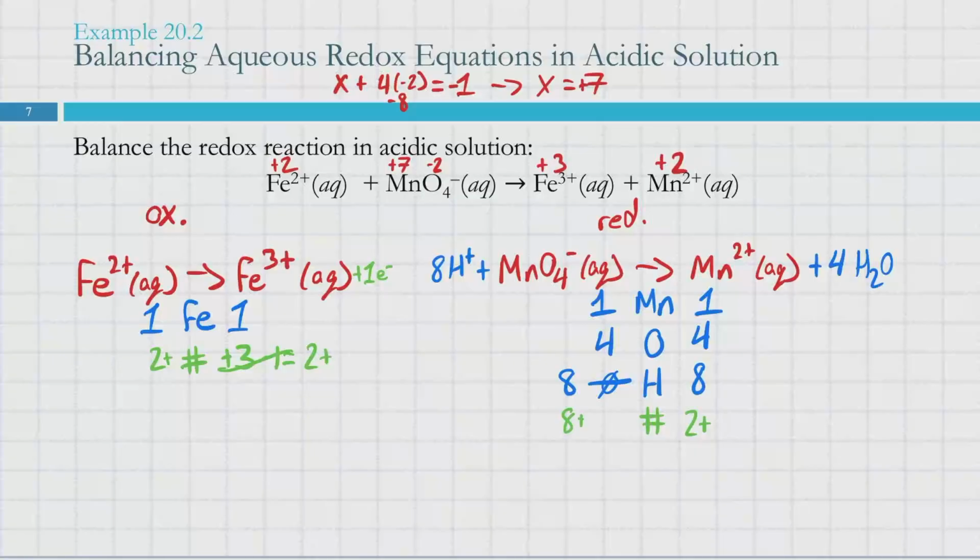So 8 plus 1 minus. The left side is 7 plus. How can we get 7 plus and 2 plus to be the same? Which one of those can we change to make it the other one? What are we going to add?